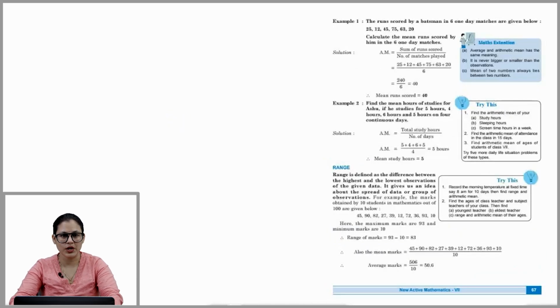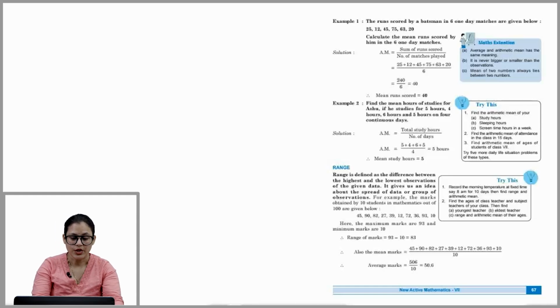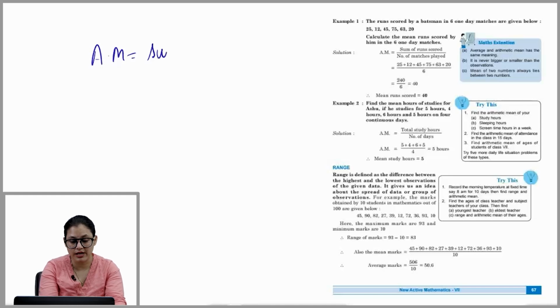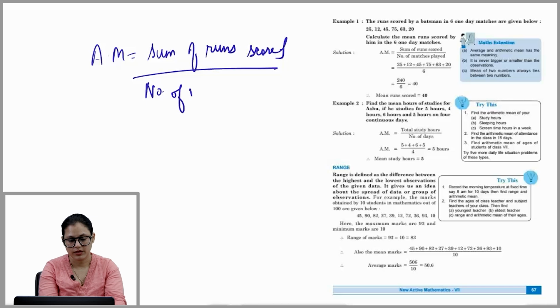Example: the runs scored by a batsman in 6 one-day matches are given below. So, these are the runs which he scored in 6 one-day matches. Calculate the mean runs scored by him in the 6 one-day matches. So, you have to find out the arithmetic mean. What will you do? Sum of runs scored upon number of matches played.